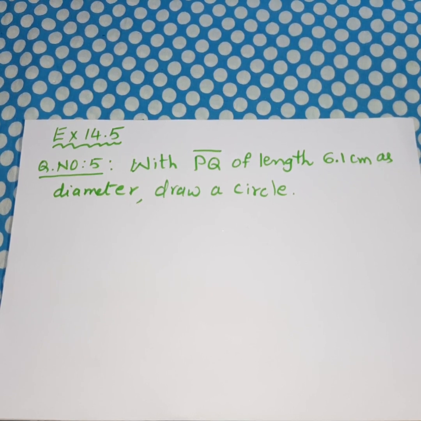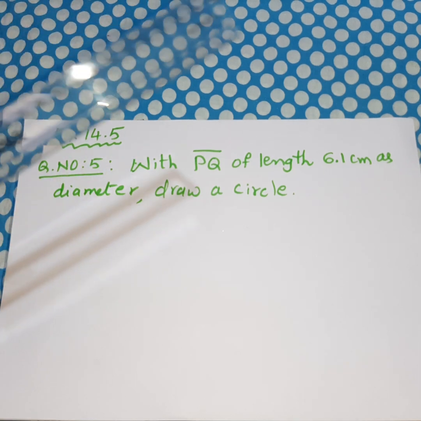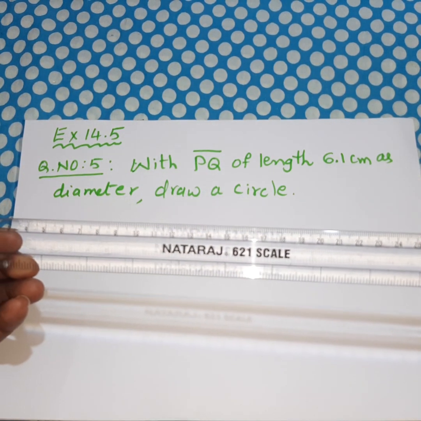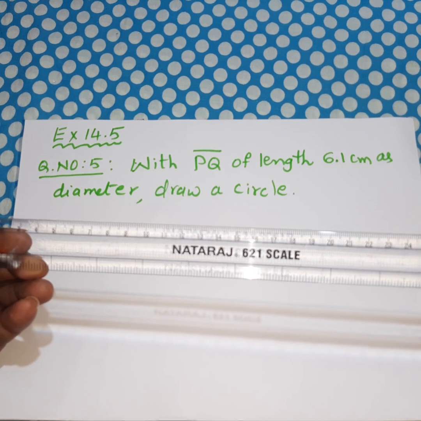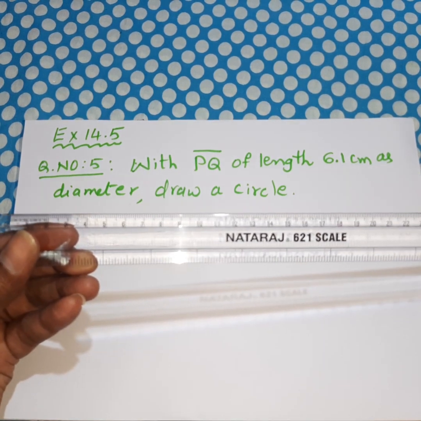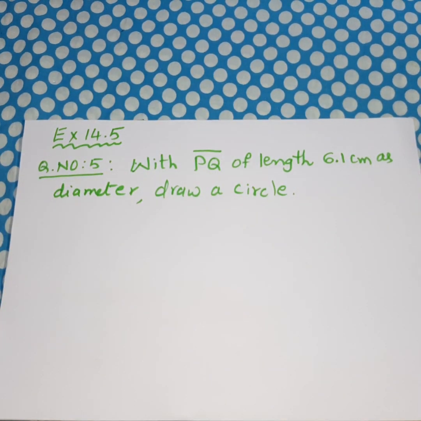But we cannot take the required radius, 3.05, on the scale. So instead of taking the radius on the scale, first of all we need to draw a perpendicular bisector of the diameter. Then we will get the center and the radius, and by using those two we can construct a circle.